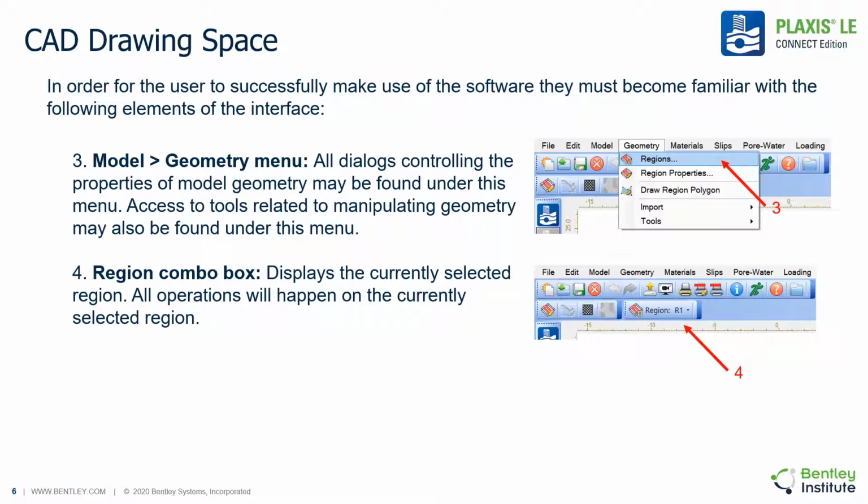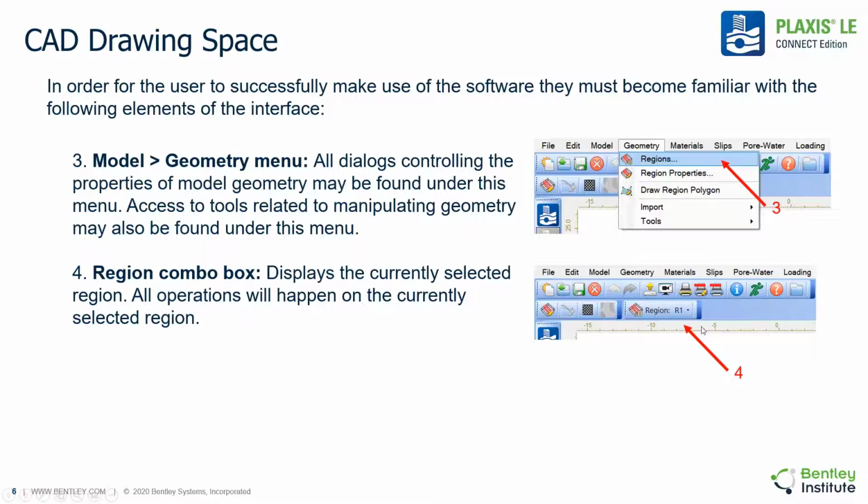In order for the user to successfully make use of the software, they must become familiar with the following elements in the interface. The geometry menu provides all dialogues controlling the properties of model geometry. You can access the tools related to manipulating geometry, importing options, and region properties, all accessed from the geometry menu.